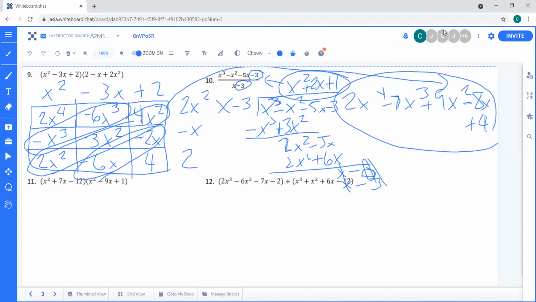Okay. Here we go again with a trinomial times a trinomial. Minus 12.